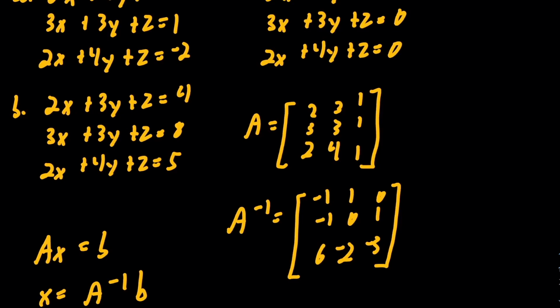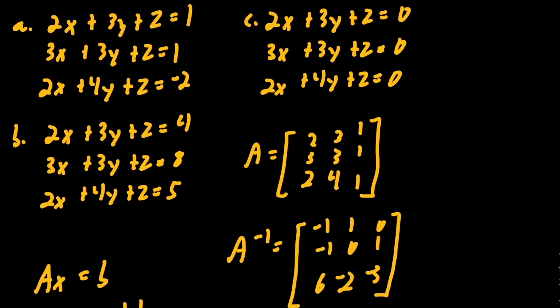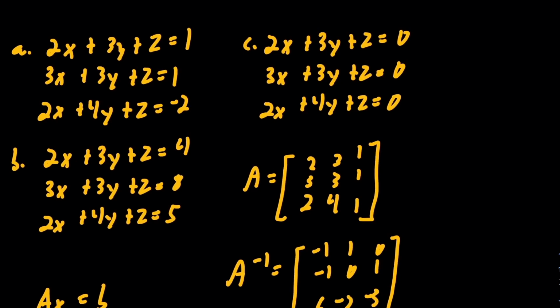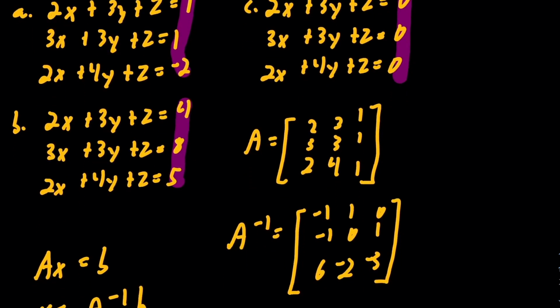What exactly is B? Well, it turns out, you guys, that B ended up being the other side of the equation. These values right here are our B values, and because we're solving for X, everything's already given.